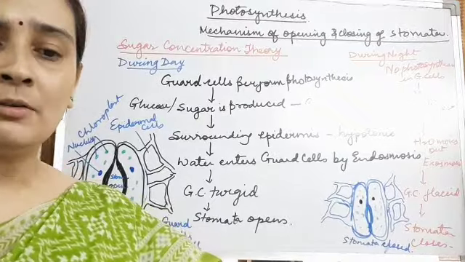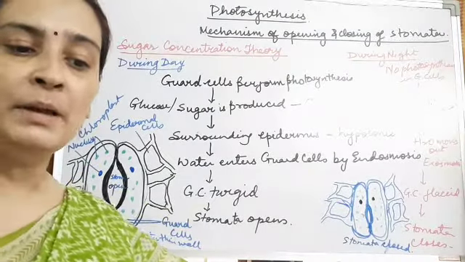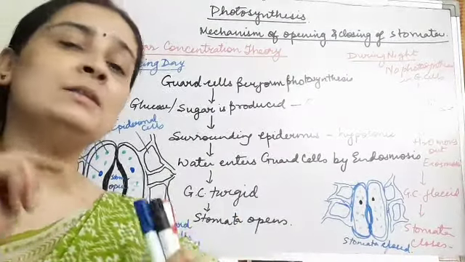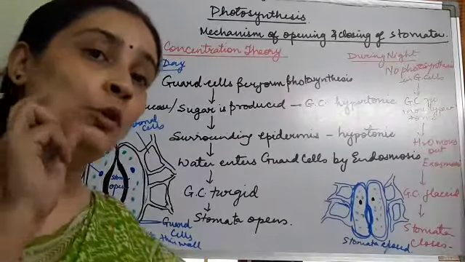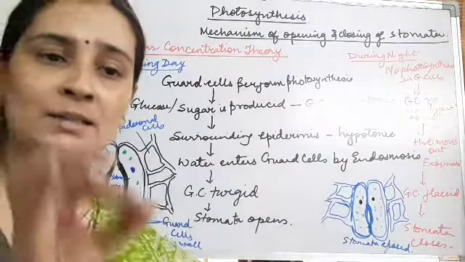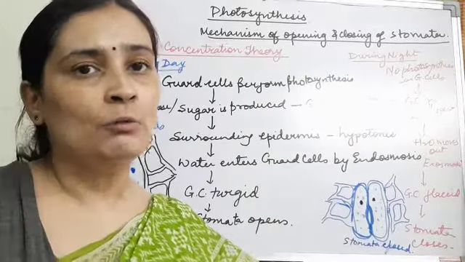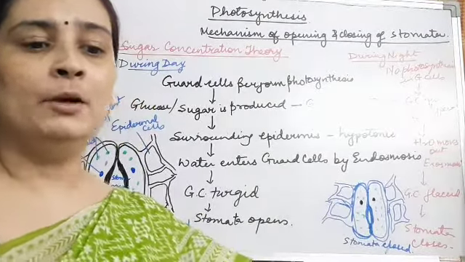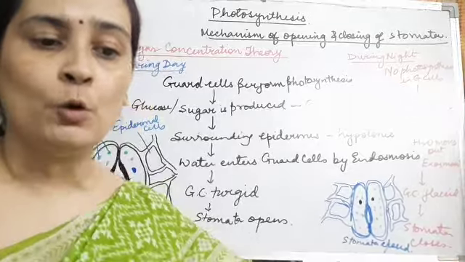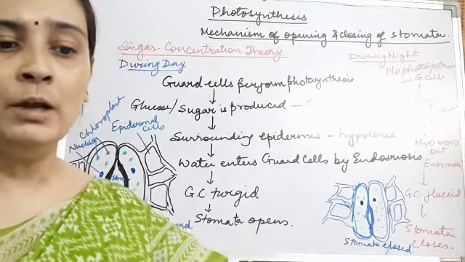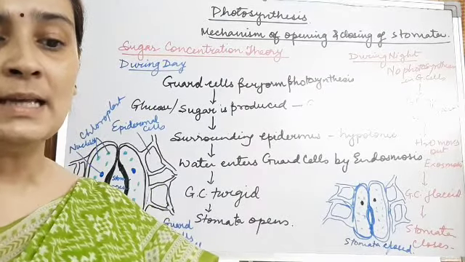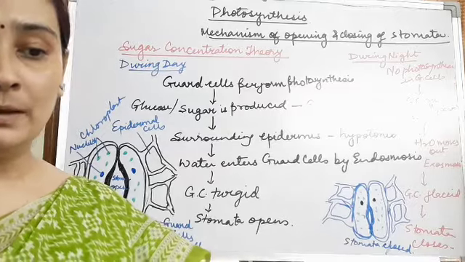Then I described to you the chlorophyll, the pigment, the structure of the chloroplast, and I also told you the location of chloroplast and chlorophyll is different, that you must write down and learn properly. When it comes to the location of chloroplast, what will you write down? They are present inside the cell, right?